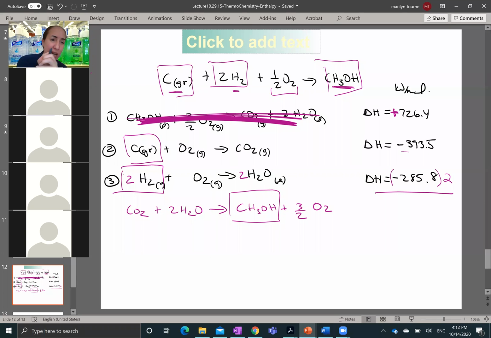Let's leave the O2s for last, because that's part of our goal. So let's see what we can cancel first, and then we'll see what's left. Carbon dioxide. Right, so you have carbon dioxide, 1 mole here on the right of the reaction, and you have the same on the left. So we can cancel that. Is there anything else we can cancel?